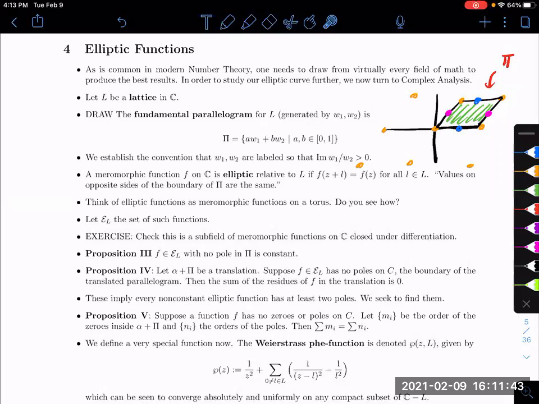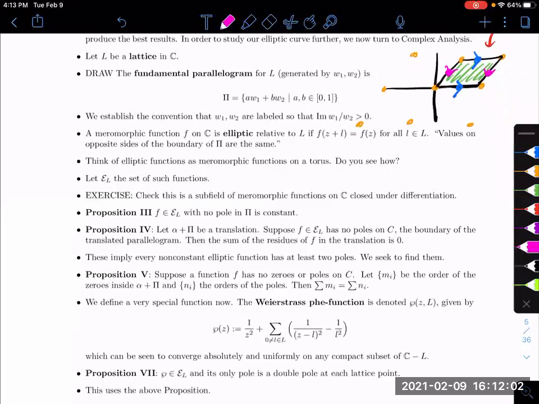But if you identify points on opposite sides of a parallelogram, maintaining orientation as you do so, what do you get? You get a torus, right? So when I say elliptic function, you can think of meromorphic functions on a torus. Okay, and I think that's right about where we stopped.